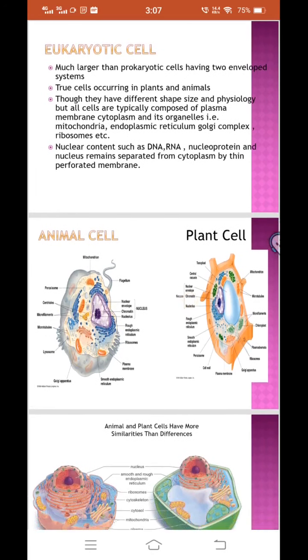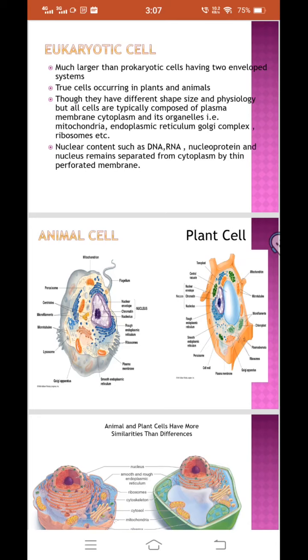And as I have said earlier, these cells also have nuclear content such as DNA, RNA, nucleoproteins, and this nucleus is separated from the cytoplasm by a thin membrane, which covers all the genetic material. So this is the simple eukaryotic cell.